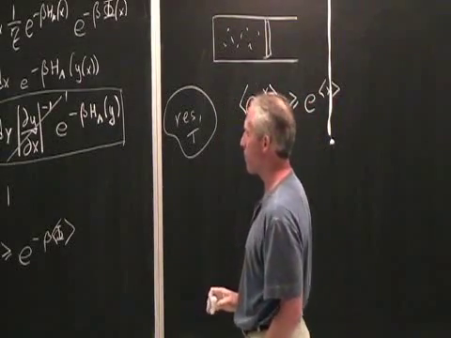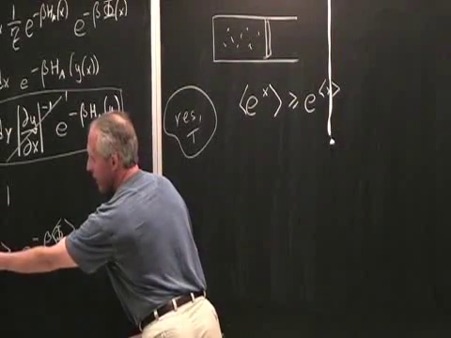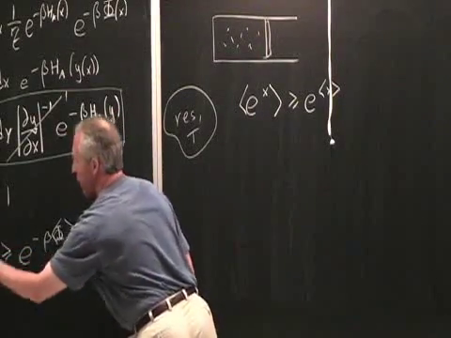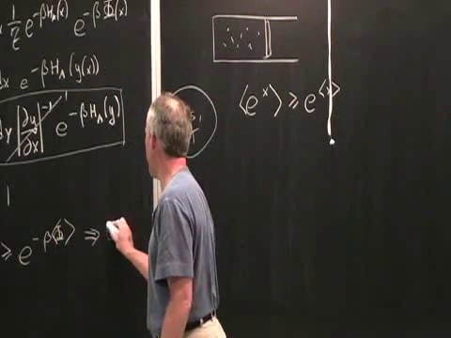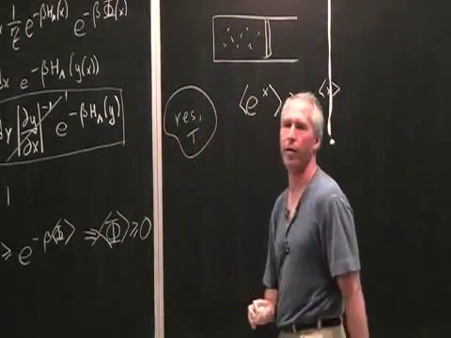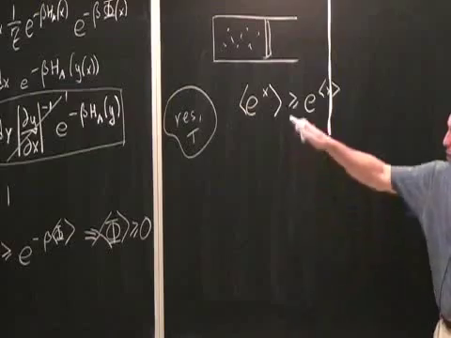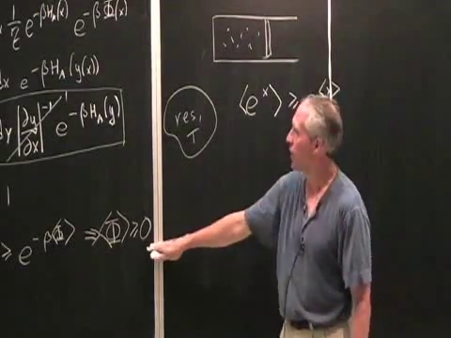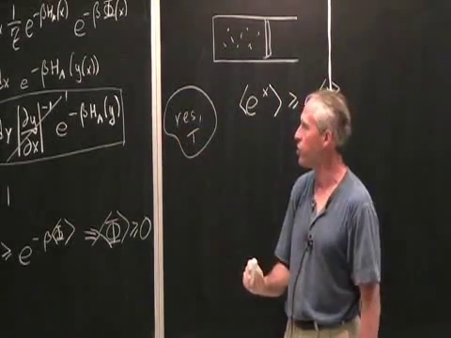Pardon me? No, I think this is still correct at this point. And if I realize that this average over here is equal to 1, then this immediately implies that the average of phi must be greater than or equal to 0. Okay? So again, I've shown that this inequality can be established for any mapping that satisfies these conditions over here.